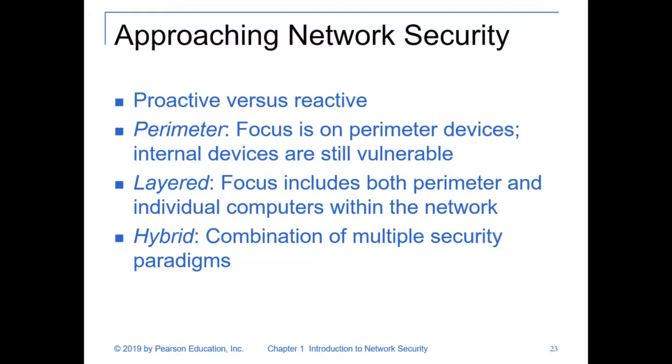Think of it as accessing a bank safety deposit box. You have multiple levels of security that you have to go through to get to that box. You've got the doors of the bank building that have locks. You've got the lobby, which may have armed guards. You have the vault that's got a big lock on it.